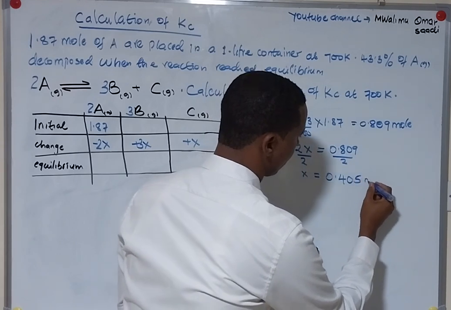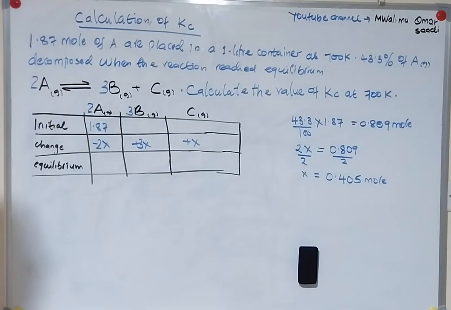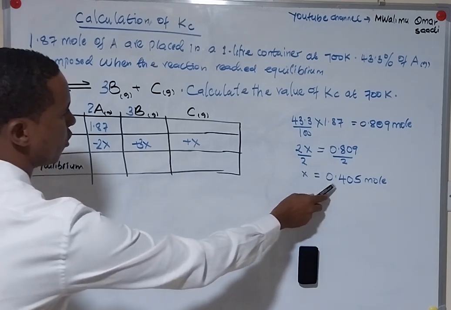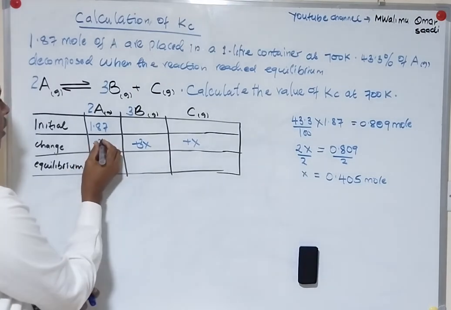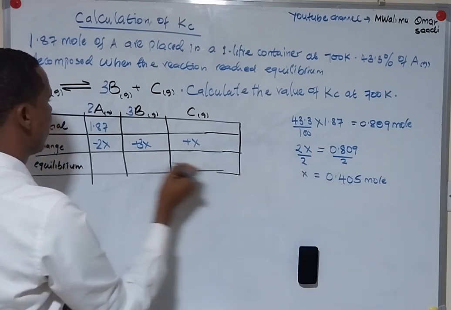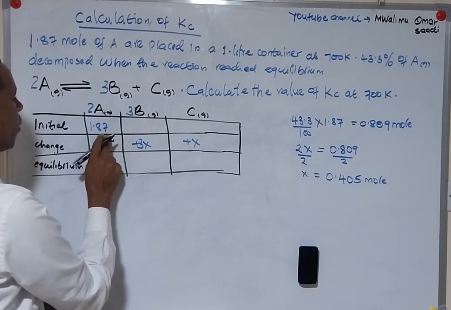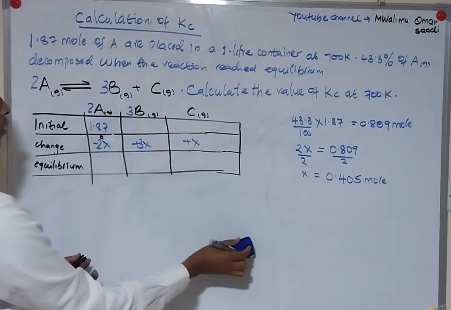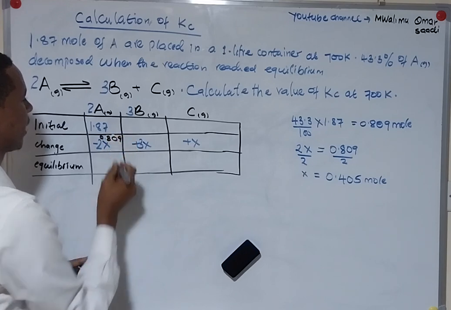That is rounded off to 0.405 moles, which is equal to X. So let us now substitute where we have X with 0.405. So 2 times 0.405 will be 0.809.